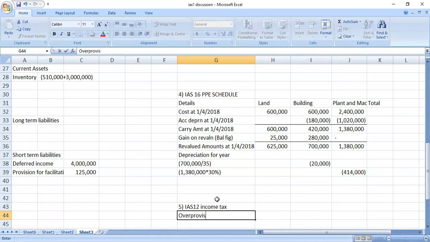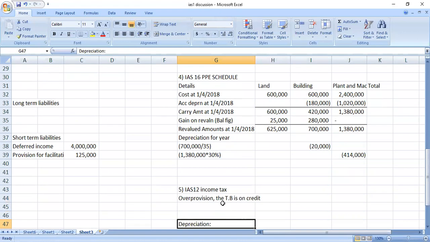At least the lecturer was clear on this. Over provision, reason being that the trial balance figure is on the credit. If the figure is on the credit, that's over provision. If the figure is on the debit, that's under provision. And this means I intend to cover the income tax.